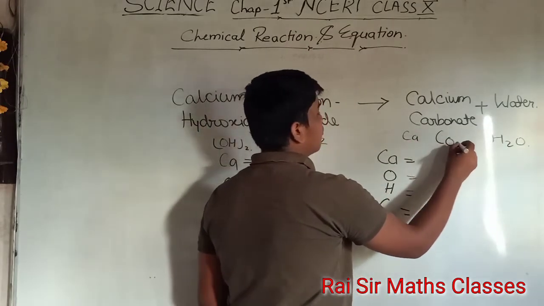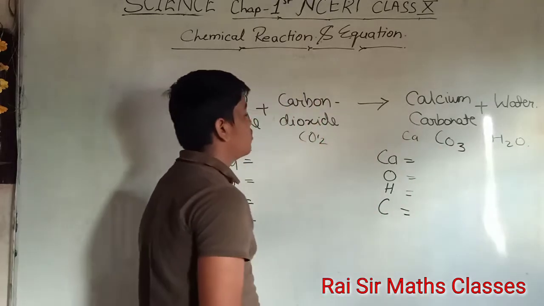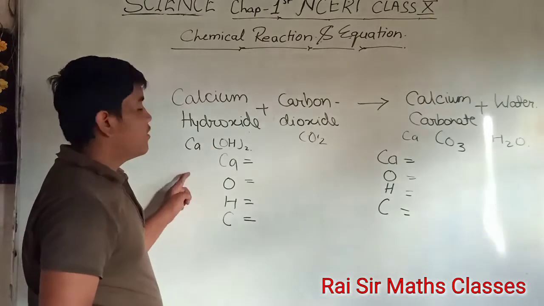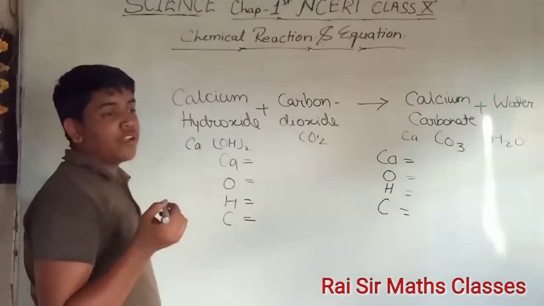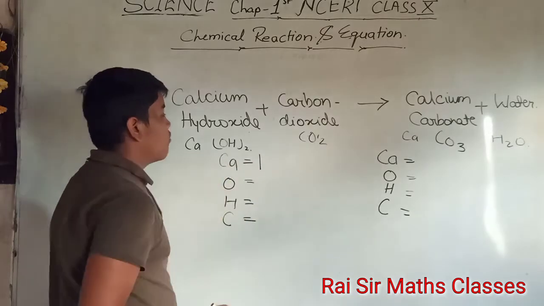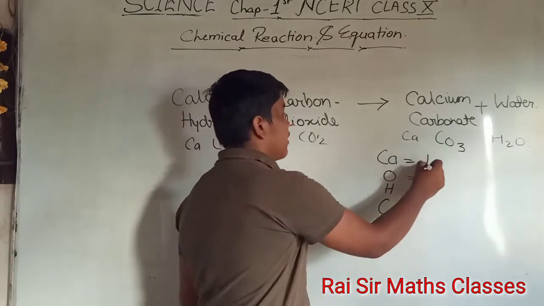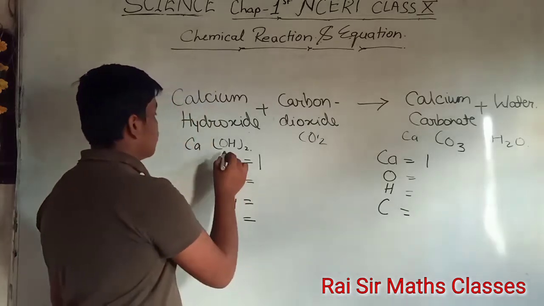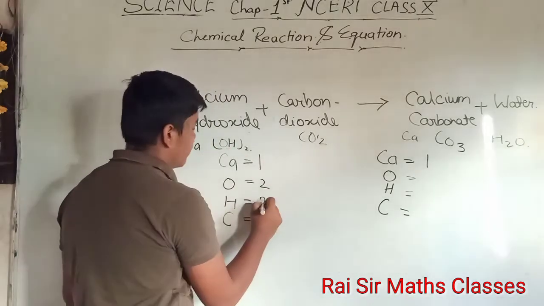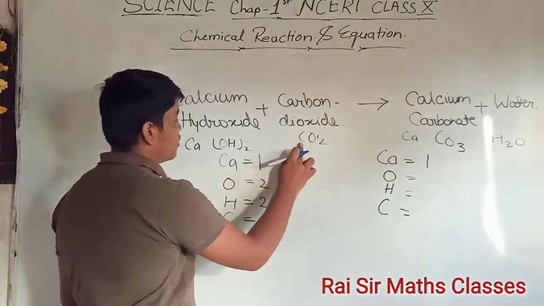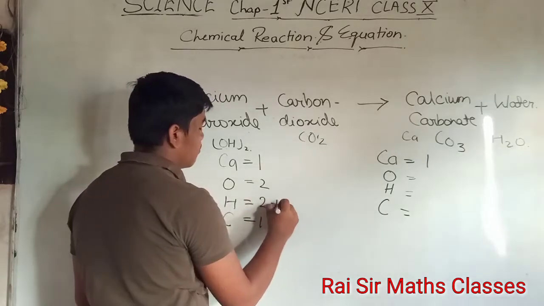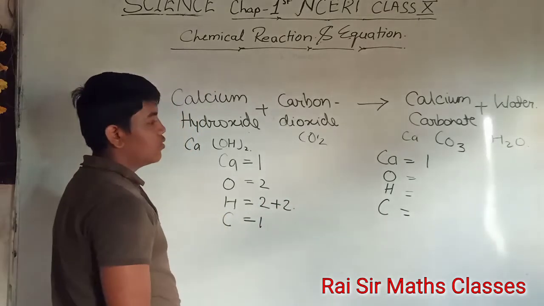Carbonate we have to write like CaCO3. Now we have to count all the elements, whether this is balanced or we have to make it. Now calcium we are having 1, here 1, O we are having 2 and H we are having 2. In this C means carbon we are having 1 and O plus 2.